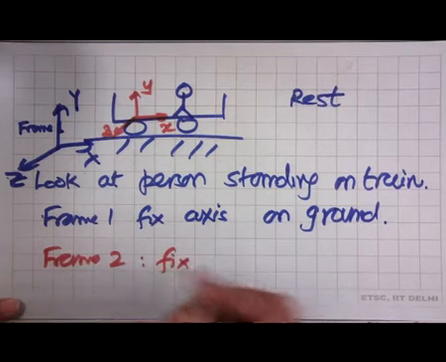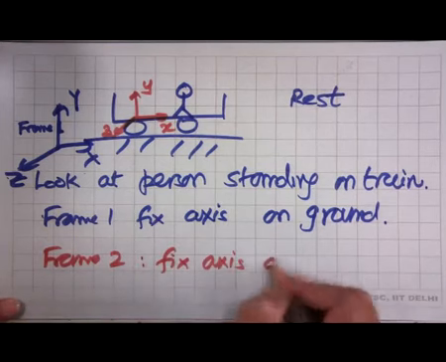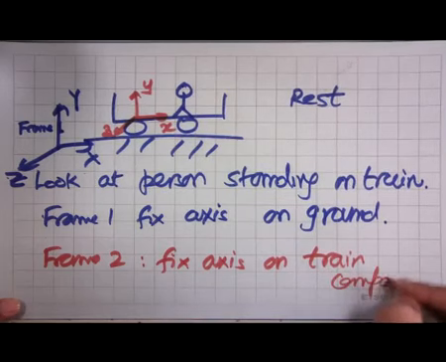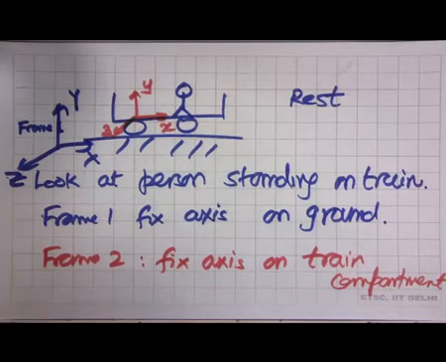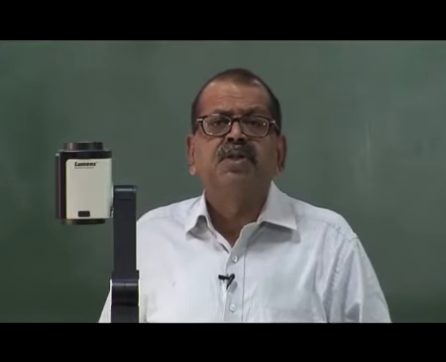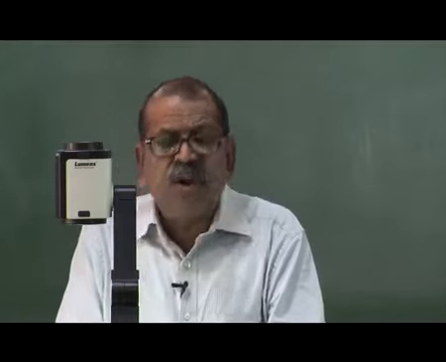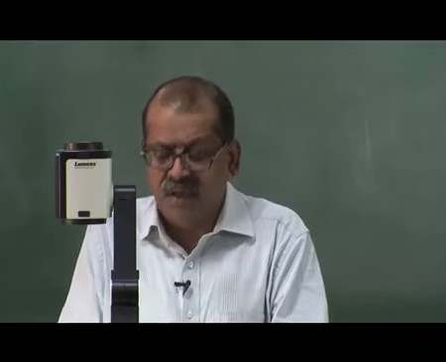Here we are fixing the axis on the train compartment, and the person is standing at a state of rest. Now when the train is at rest, then in both the frames we observe that the person is not moving. So, both these frames at this time are inertial.